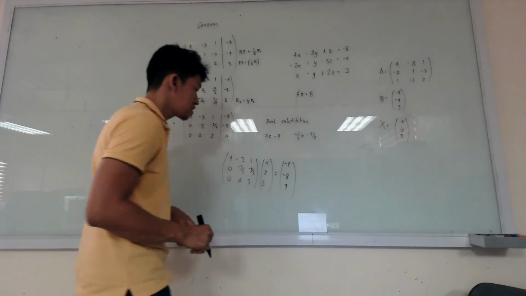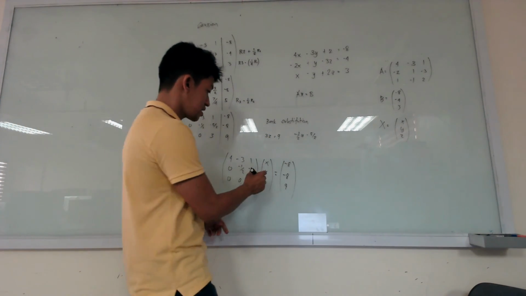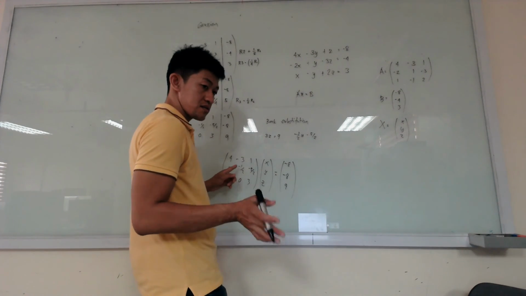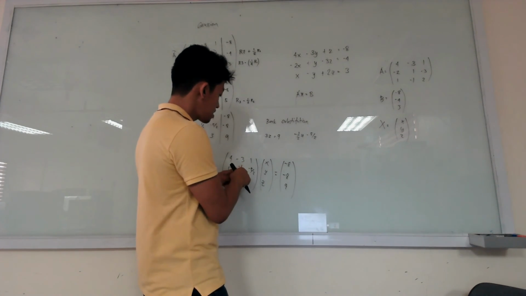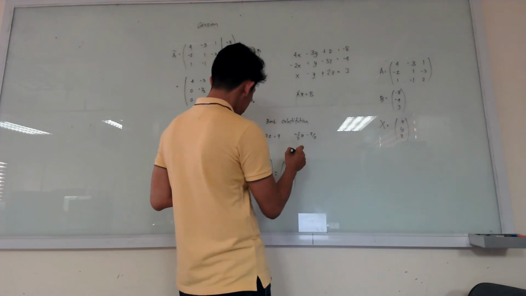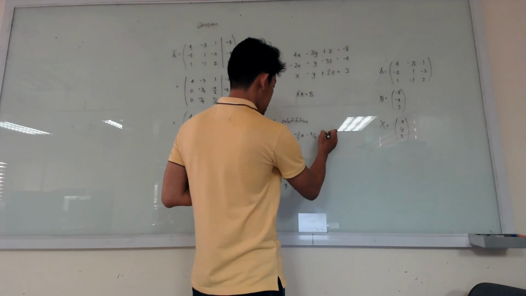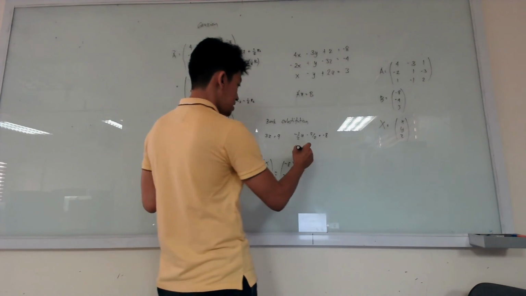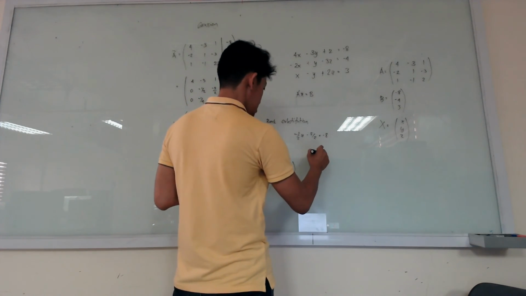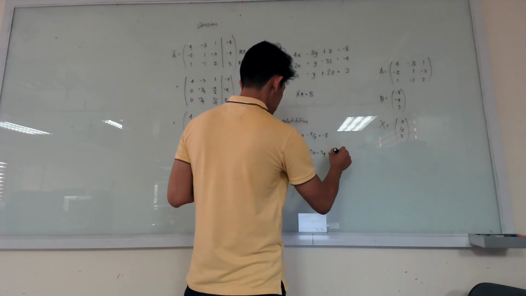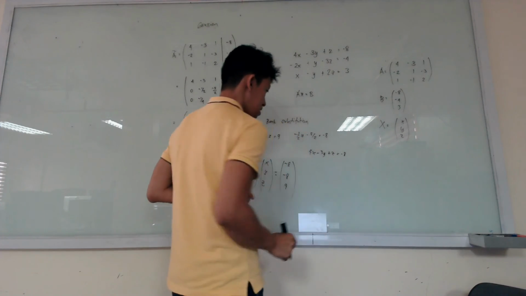Okay. So, mao ni siya. 3z equal to 9. And then, kani. Okay, product. Negative 1 half times y minus 5 over 2z is equal to negative 8. And then, kani. You have 4x minus 3y plus z equals negative 8.